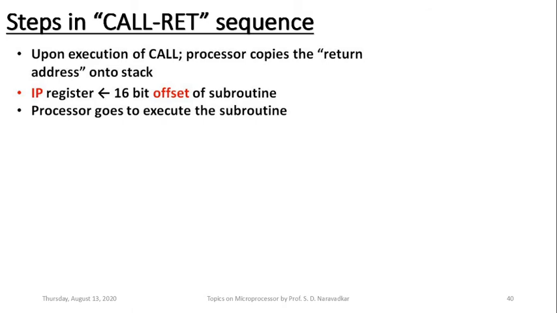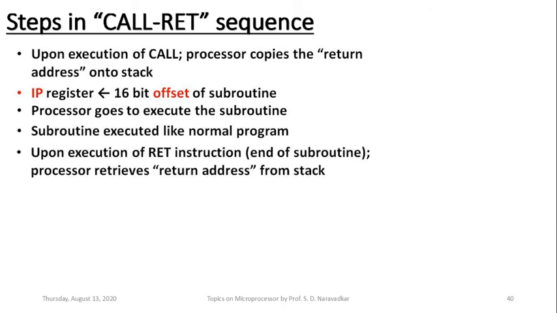Then in this subsequent step here, the subroutine gets executed like a normal program in a sequential order. And then in the next step, the fifth step here, upon execution of the return instruction at the end of that subroutine, the processor retrieves the return address from the stack, which was copied onto the stack in step number 1, shown above.